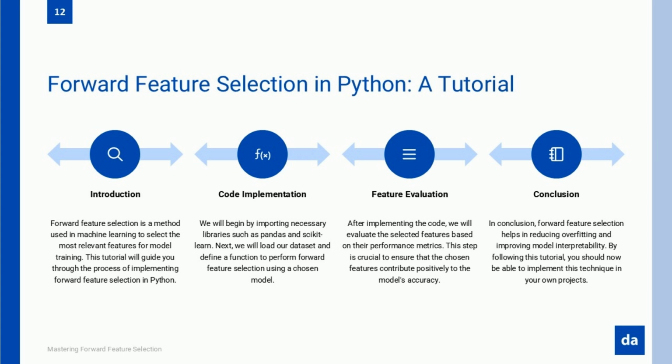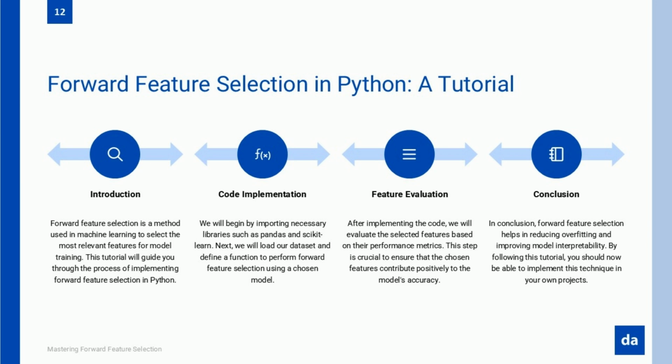Once we have our selected features, we retrain the model and compare its accuracy before and after. If the accuracy improves, then forward feature selection just did its job, cleaning out the noise and sharpening the model's focus. If not, maybe we need to adjust how many features we select or consider a different method altogether. No feature selection technique is perfect for every dataset, so this step is crucial.